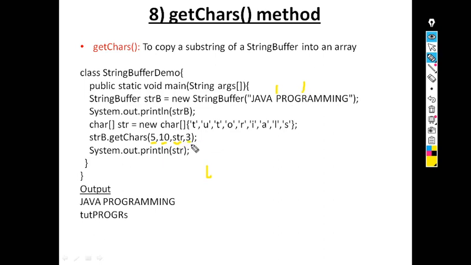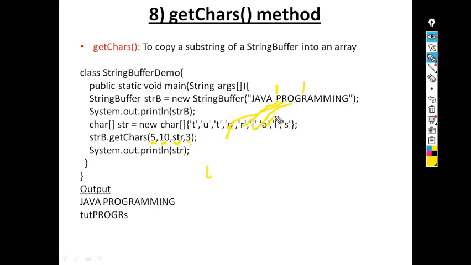And from where do I want to make the change? From the 3rd position. So where is the 3rd position? 0 1 2, and this is your 3rd position. So from here only it will be affecting. This P will be coming to this position, your R will be coming to this position, and O will be coming to this position.